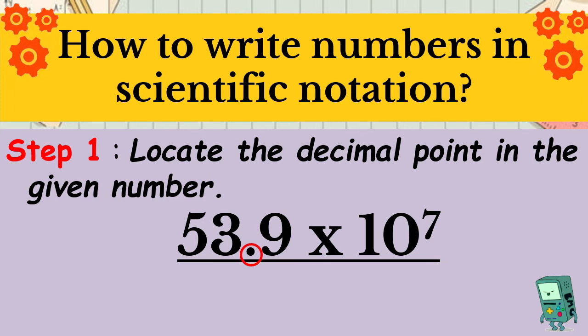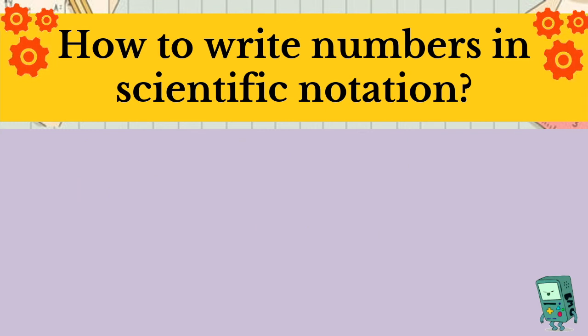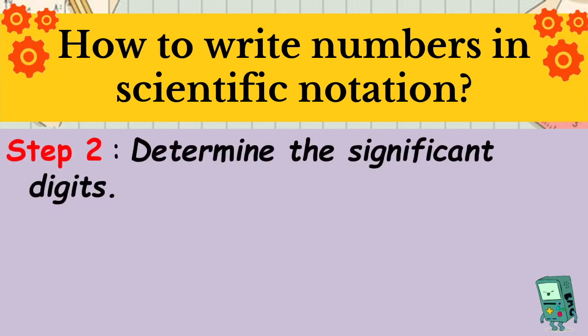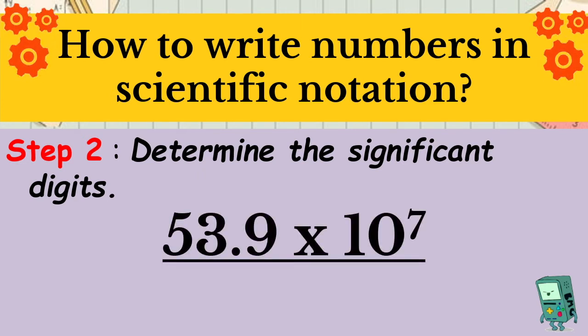Our decimal point here is located between 3 and 9. Step 2. Determine the significant digits. What are the numbers that we will be using in order to get the product of 539 million? Of course, 53.9.